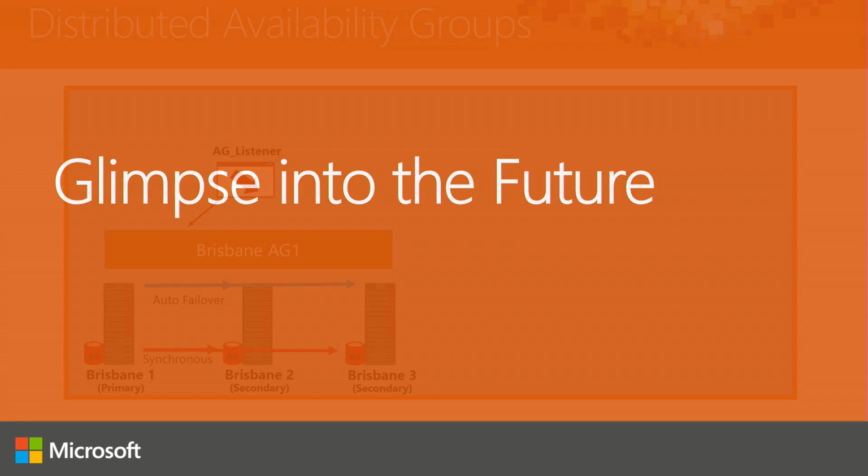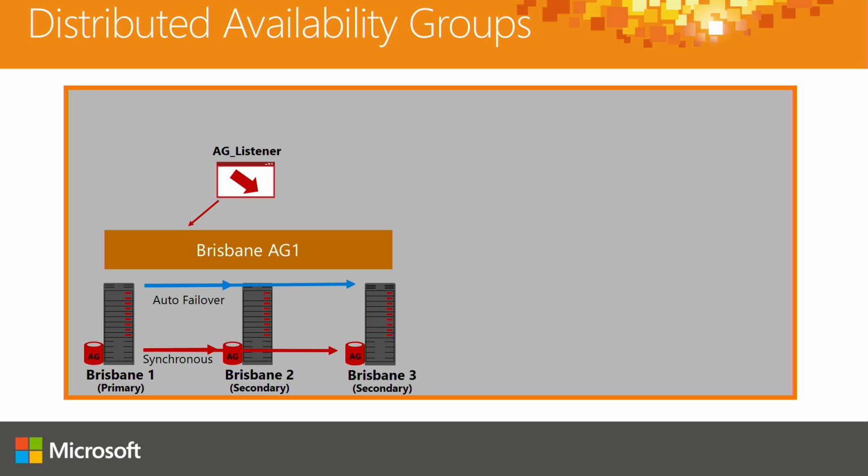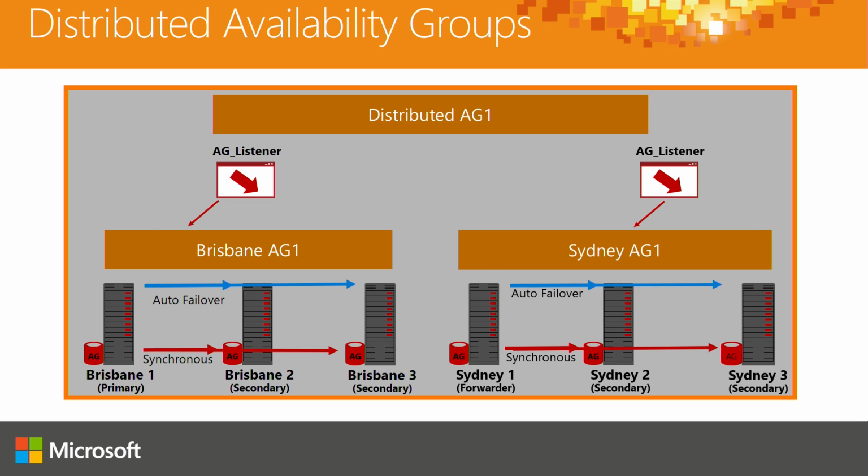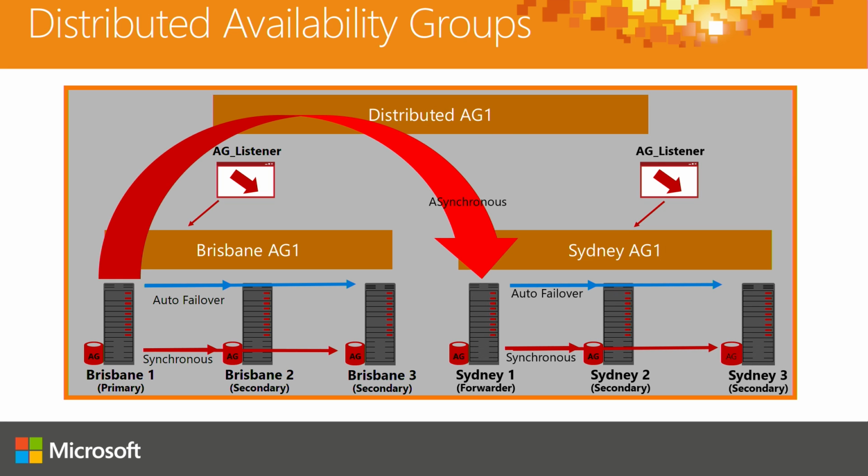Thanks, Warwick. So, we have our availability groups. Everyone knows about them. We've had them a long time. Very exciting. How do we make them more exciting? Well, we bring in the concept of a distributed availability group.